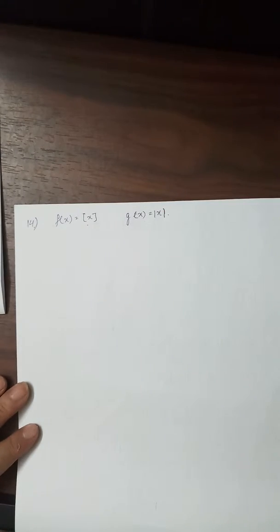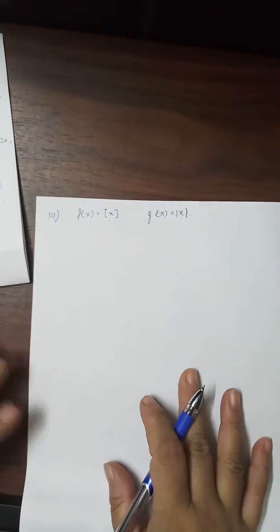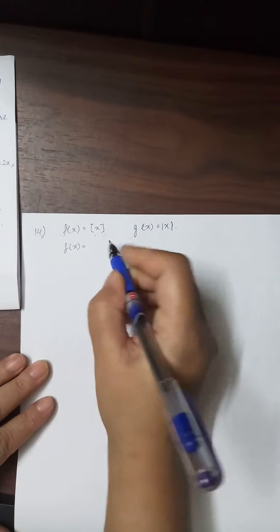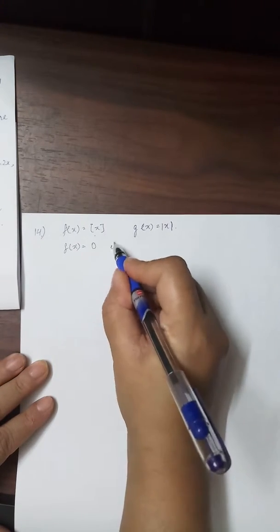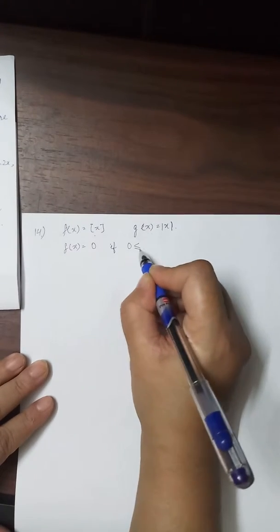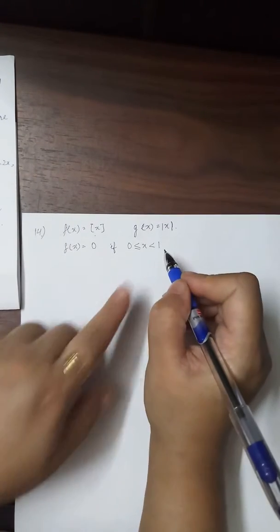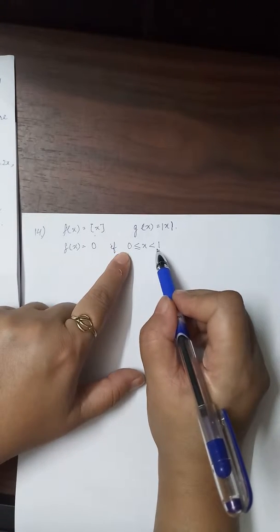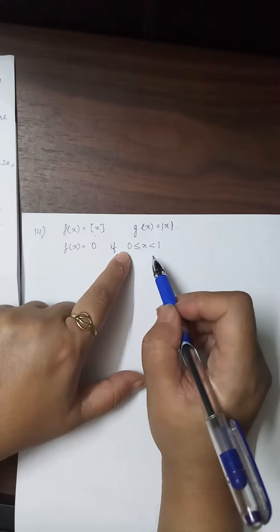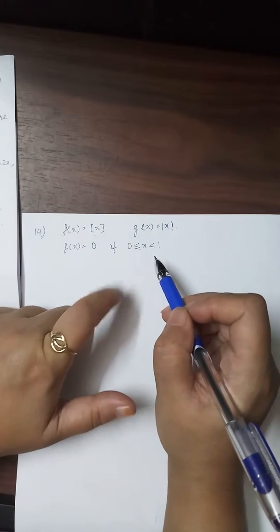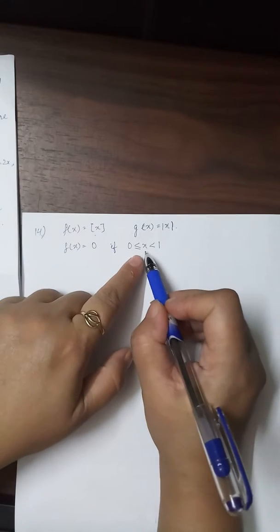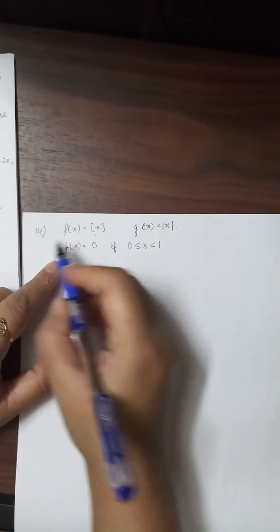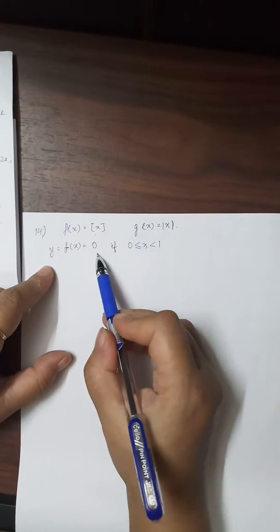Now, the greatest integer function is defined as follows: the value of f x will be 0 if x lies between 0 and 1. Whatever the value of x between 0 and 1, whether it is 0.7, 0.85 or 0.12, the value of f x will be 0.